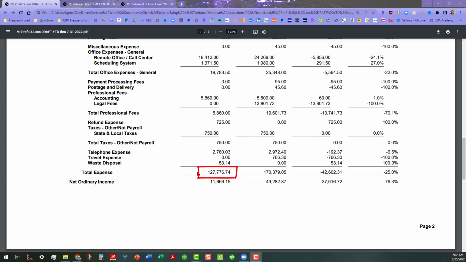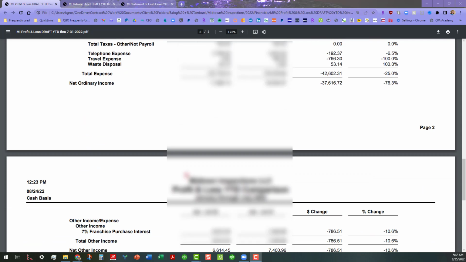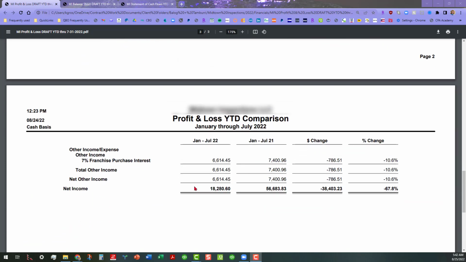So a big chunk of what we had to pay to generate that amount of income ended up taking a big chunk out of our revenues to bring our net income down to $18,280.60.